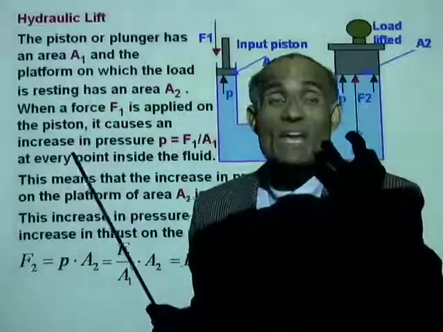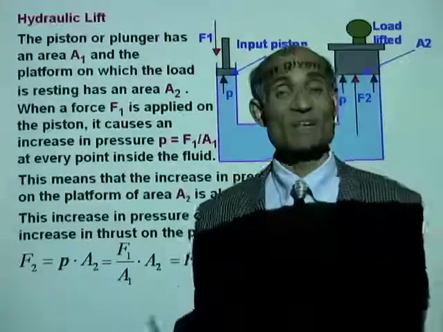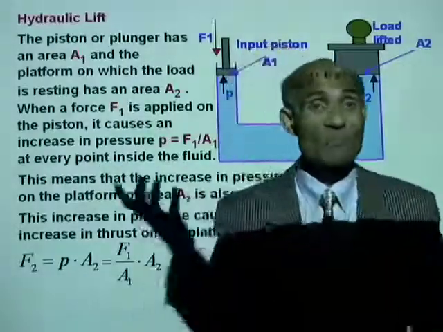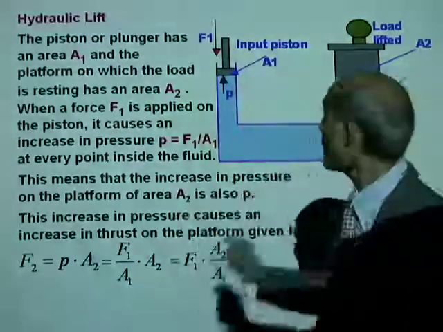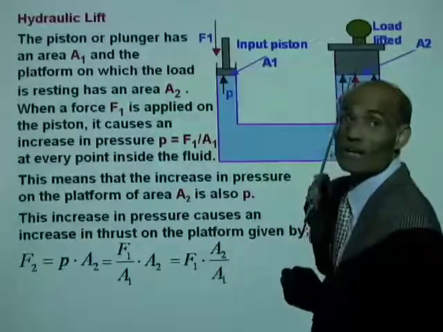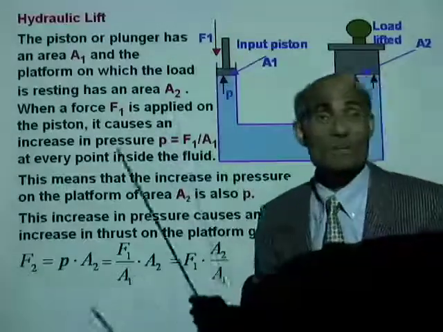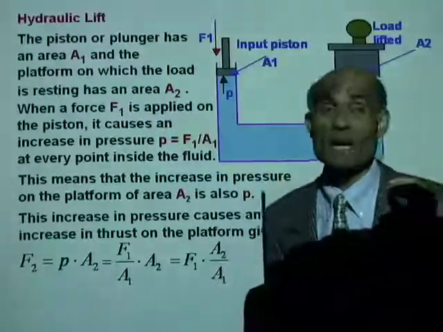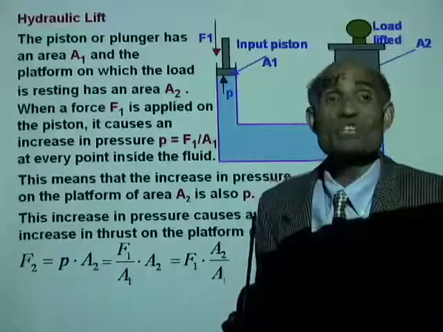When you gain in force, you lose in distance. You see, energy cannot be created. The maximum energy output you can have here is the energy input here. Energy cannot be created. You know that work done is a measure of the energy used.